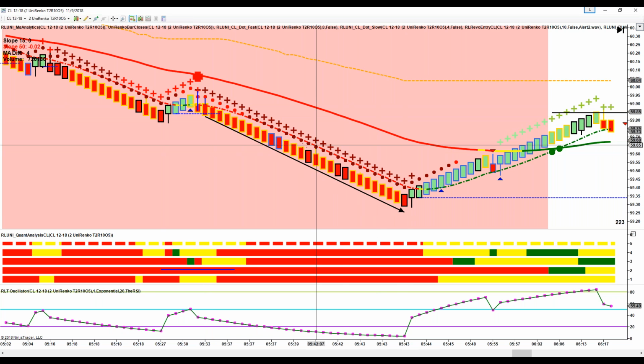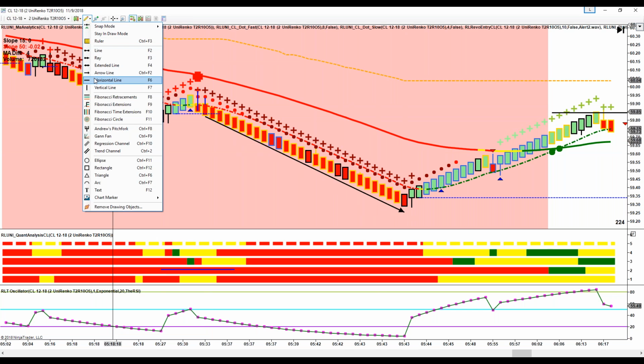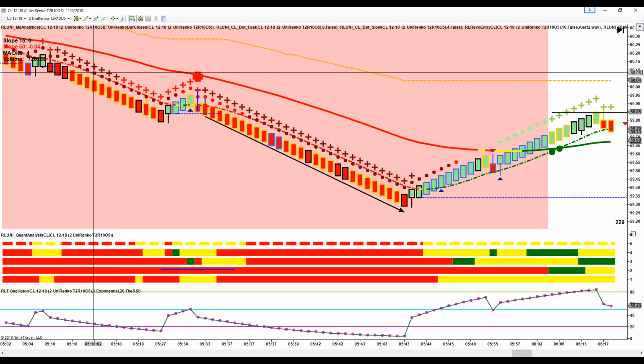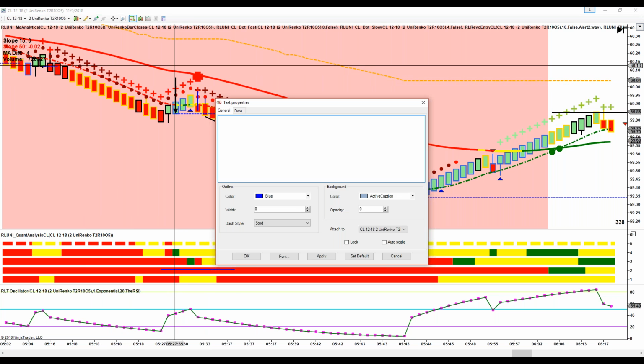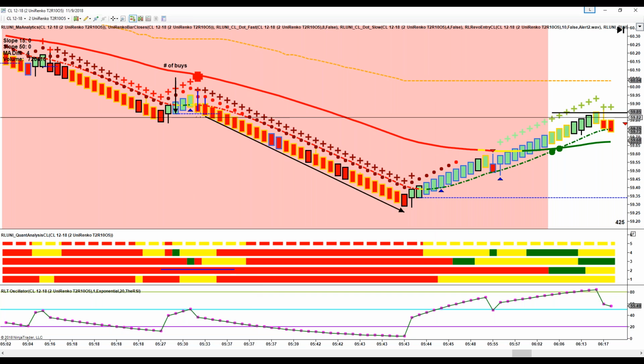Now, we're in the process of creating, and you would get the upgrade. We're going to be looking at pivots, and we're going to be able to assess the number of buyers in every pivot. Looking at order flow, number of buyers. And what we're going to do is be able to assess every time it's hit, how many buyers get depleted.